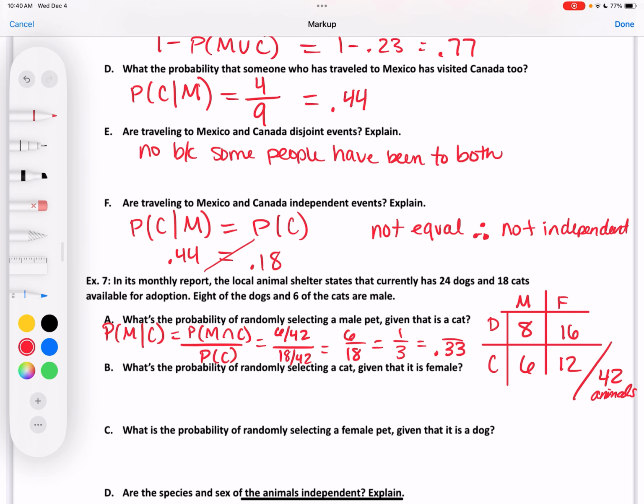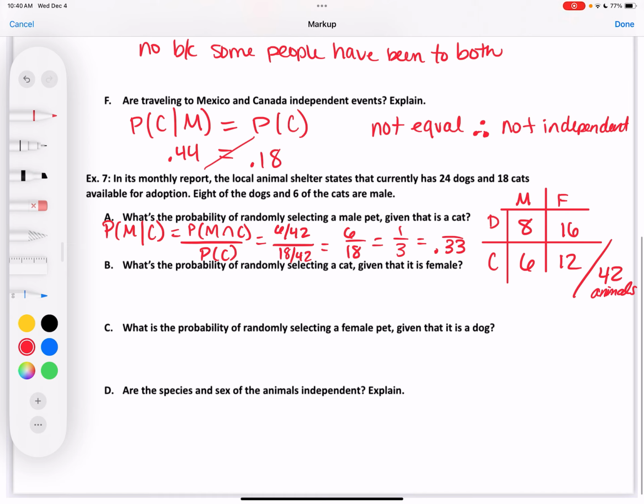Okay. So what's the probability of randomly selecting a cat given that it's female? This one's a little different in what it's asking. So randomly selecting a cat given that it's female is going to be the probability of cat given female, which is the probability of the intersection of the two over the probability of a female.